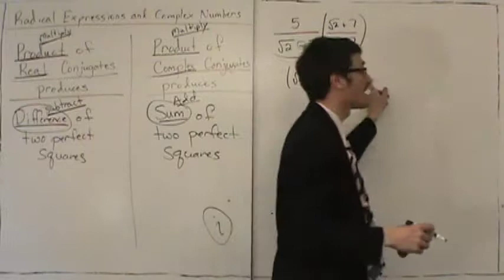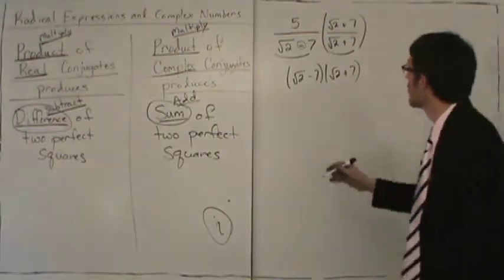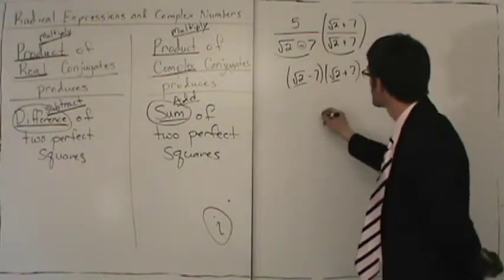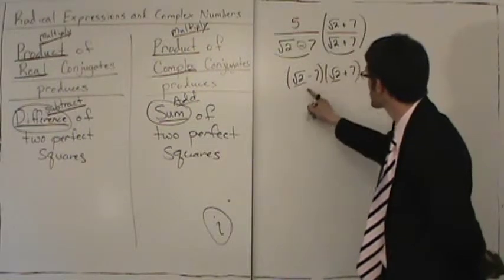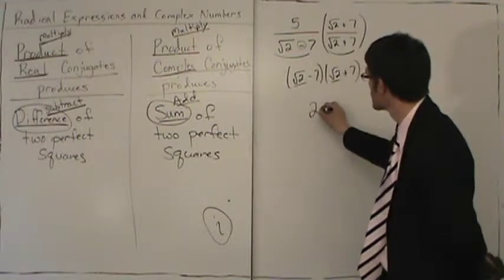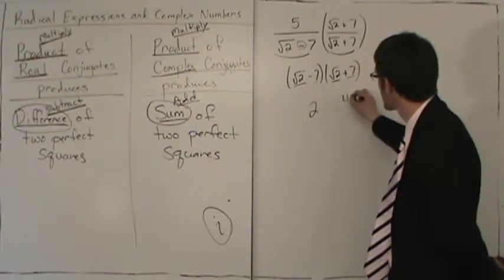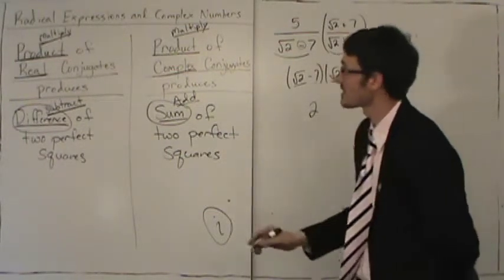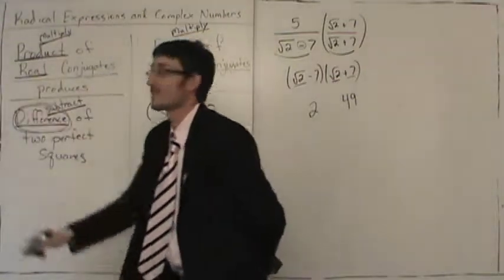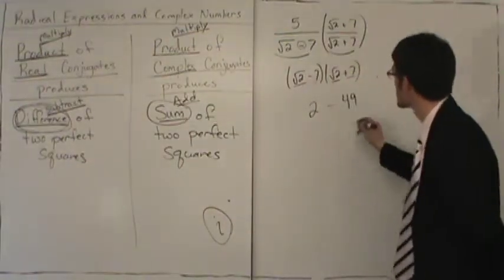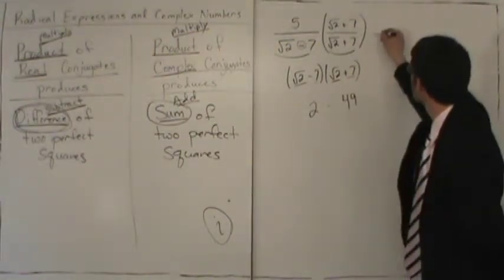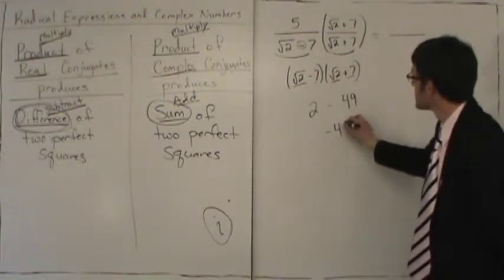Since these are real conjugates, they do not have an i, we can use the trick. Root 2 times root 2 is 2. Now, multiply the 7 times the 7. 7 times 7 is 49. And since these are real conjugates, what does this produce? This produces a difference of squares, or just subtraction. So 2 minus 49 gives a denominator of negative 47.